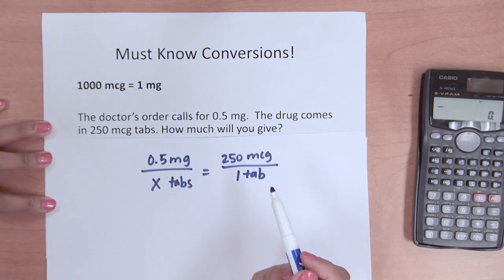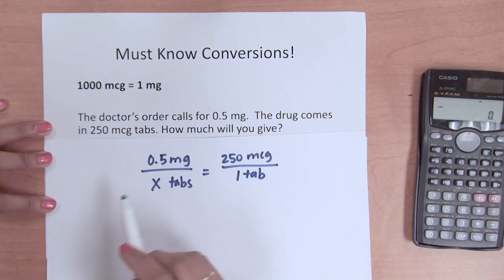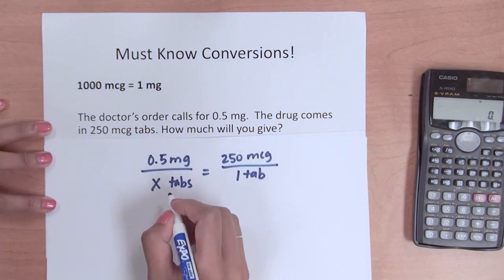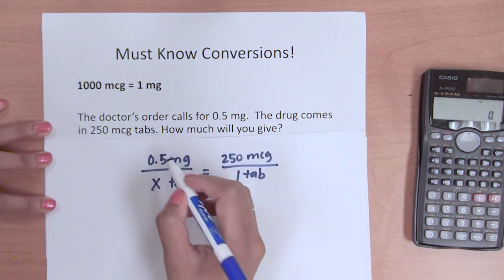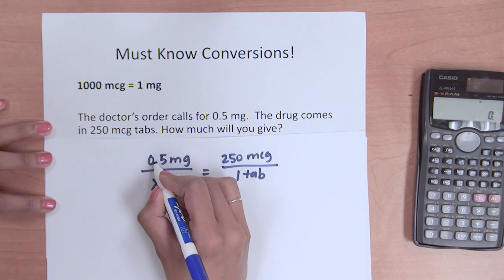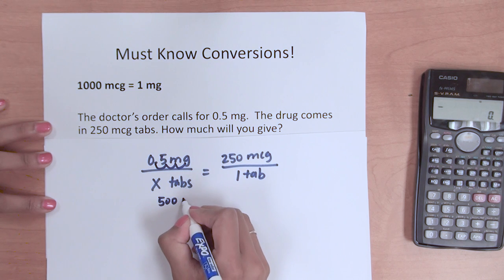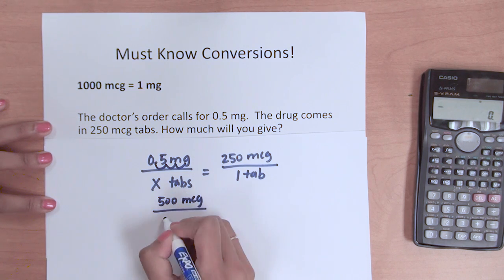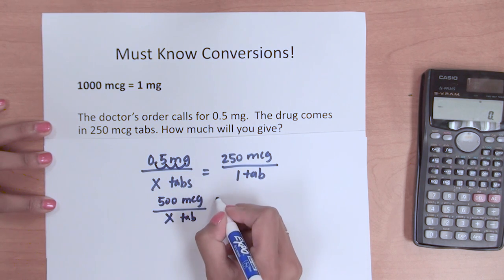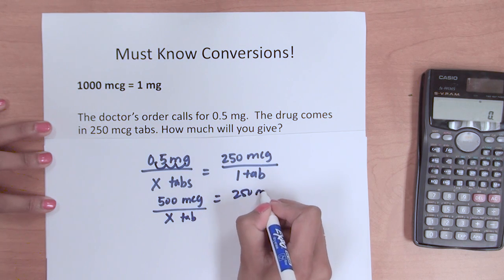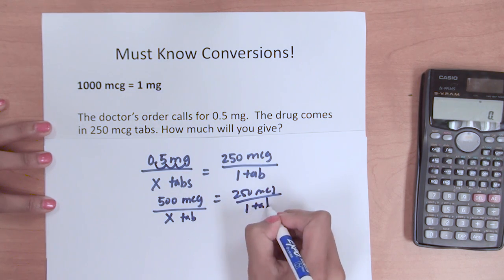So we need to convert. Let's convert the milligrams to micrograms, to whatever we have on hand here. Micrograms are smaller, so we're going to multiply by 1,000. 1, 2, 3. It's going to be 500 micrograms. What is our X there? Equals 250 micrograms per 1 tab.